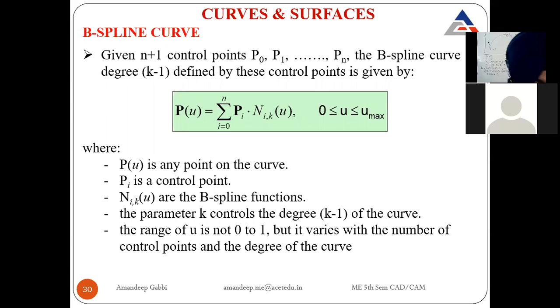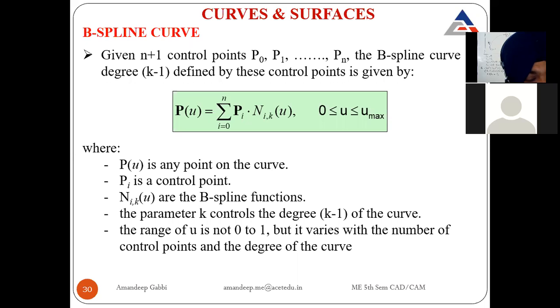Now the polynomial on which this curve is generated is this. Given n plus 1 control points P0, P1, ..., Pn, a B-spline curve of degree k minus 1 defined by these control points is given by the sum from i equal to 0 to n of Pi times N i,k of u.